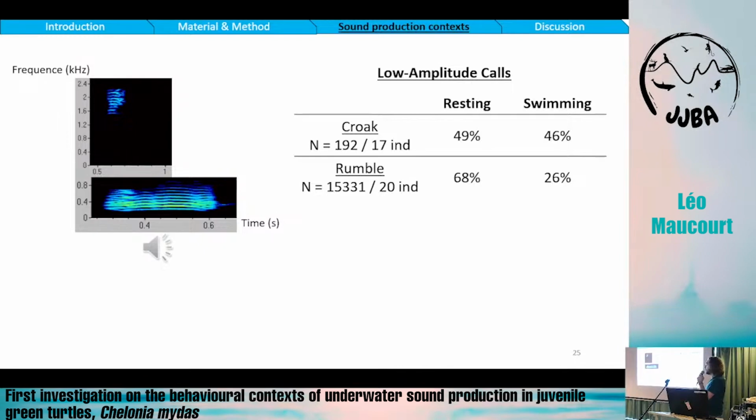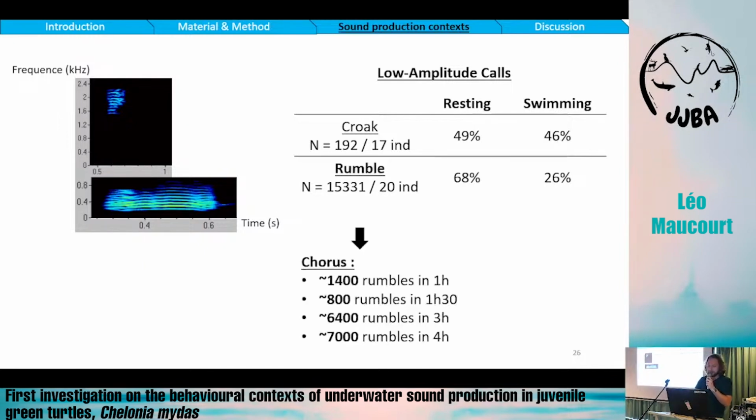As you can see, it's more than 15,000. And the most interesting part is that a large part of this sound was recorded on only 4 individuals after the sunset. So we have some evidence it could be a chorus. I will tell you that later. And so, as you can see, this is a very high vocal activity.